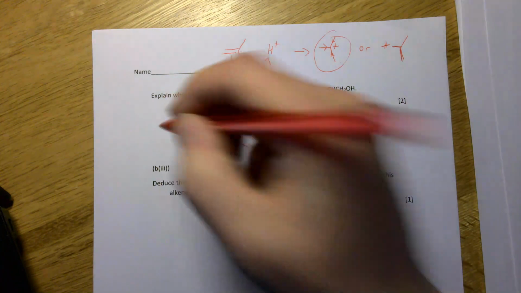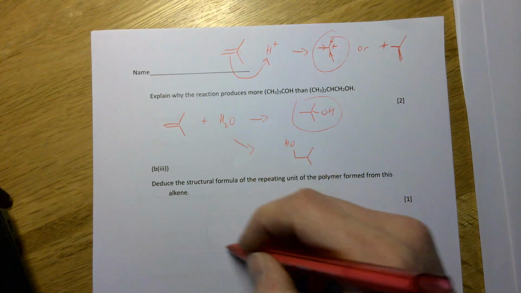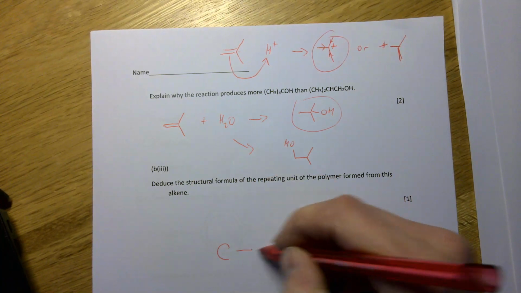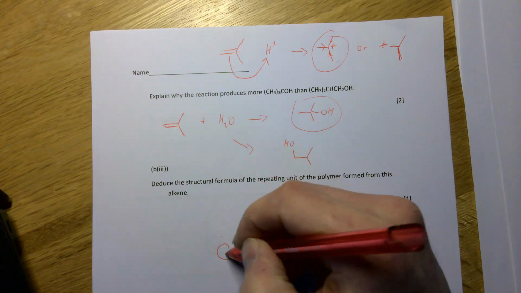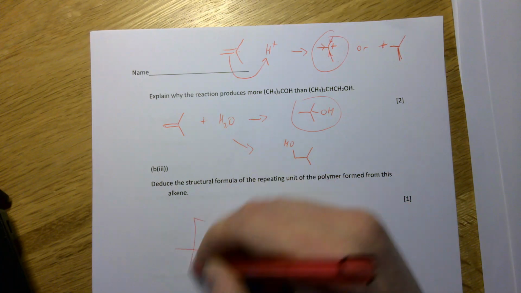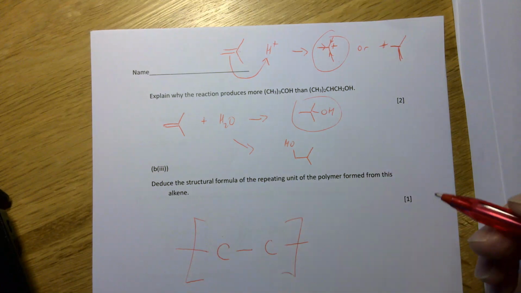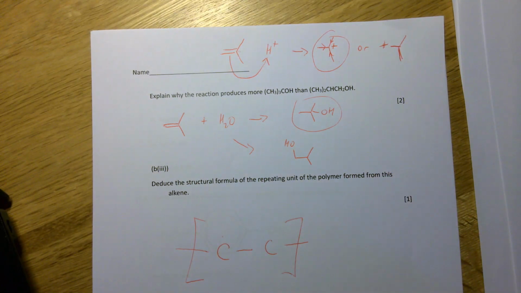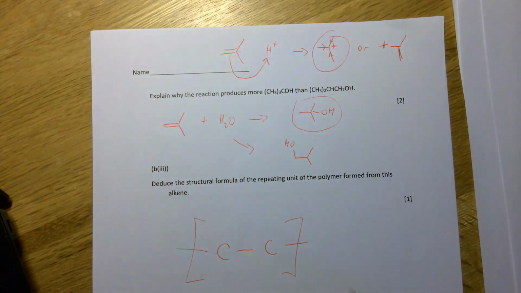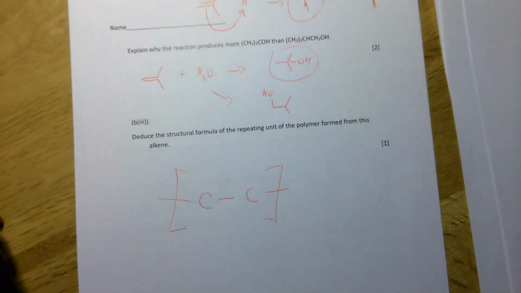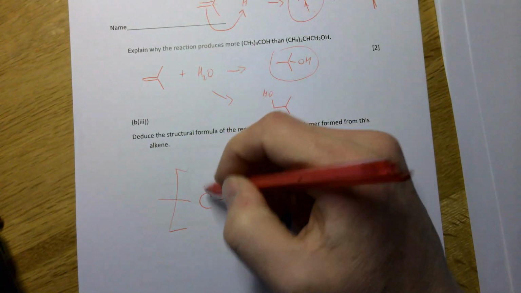If you take the alkene though, and make a polymer, just like any addition polymer anyway, what you do is you draw the 2 carbon unit. Doesn't matter whether it's polyethene, polypropene, poly 2-methylpropene, it's always a 2 carbon unit with overhanging bonds. Always, always, always.